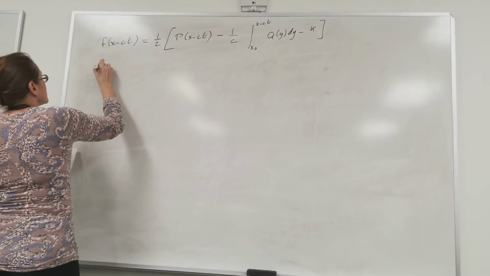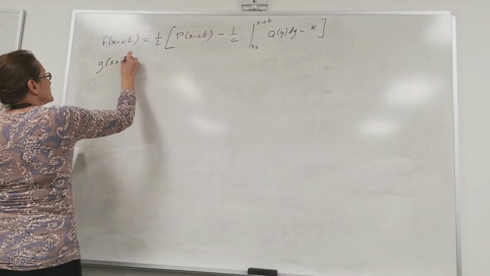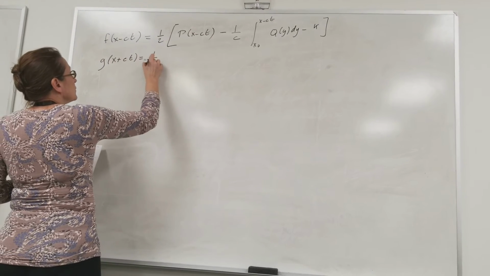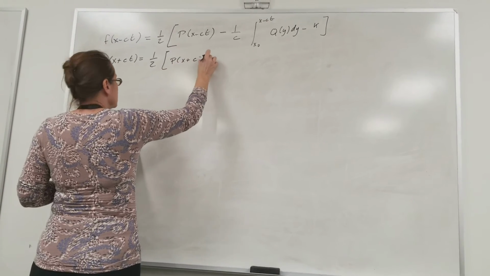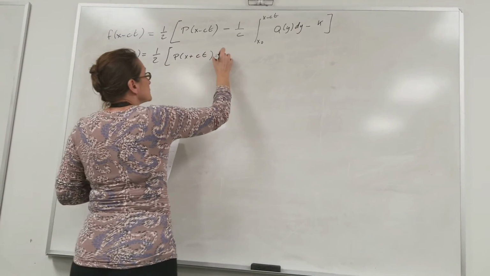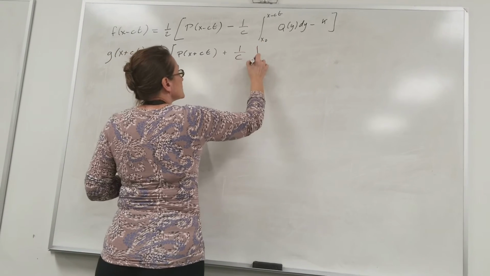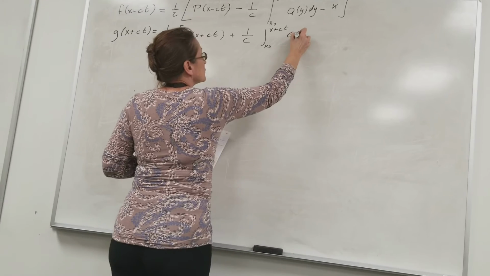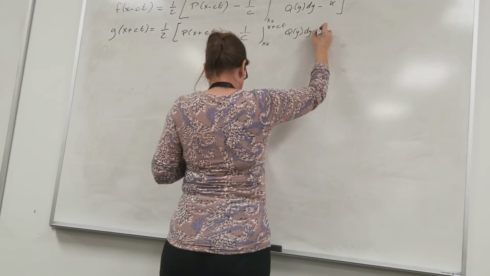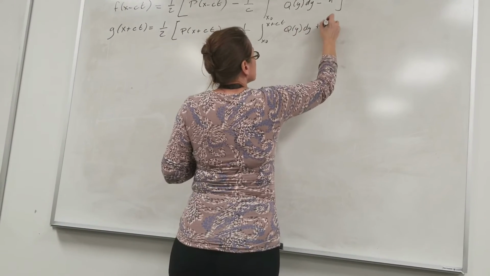We do the same thing with g. We find that g of x plus ct is going to be 1/2 of p of x plus ct plus 1/c times the integral from x0 to x plus ct of q of y dy, plus k.